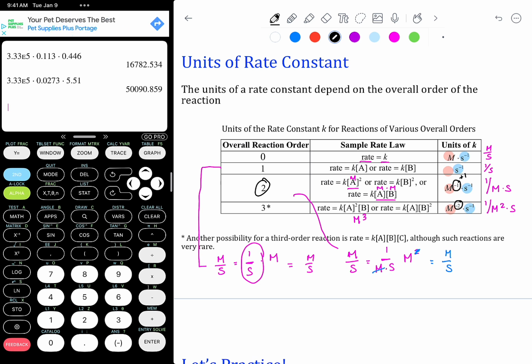Molar here is 2, add 1 to that, it's 3, the reaction order is 3. Since there is no molar here, it'd be molar to the 0, 0 plus 1 is 1, reaction order of 1. Okay, so there's multiple ways to remember this. You can first think about how the math works out and show your units, or you can think of adding 1 to the exponent of the molarity. You can think of it that way.